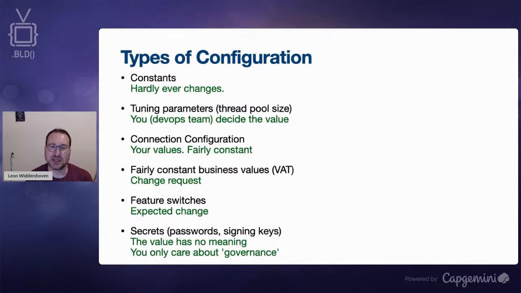So the DevOps team decides on the value. Connection configuration, these are also your values. You at least know what they should be. They are in your power to change. But if you're talking about business values in general, you have no say in the values. You just get told, make it so at this moment in time. So the ownership is completely different.